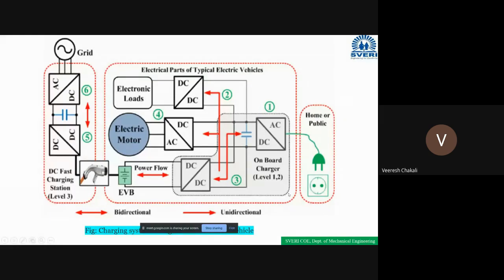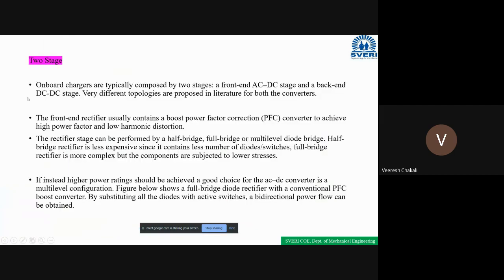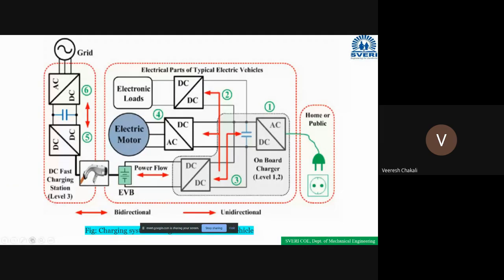This is the onboard charger, and this is the offboard charger.